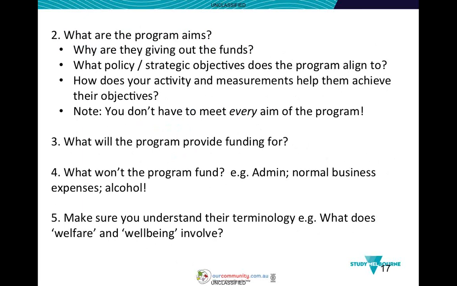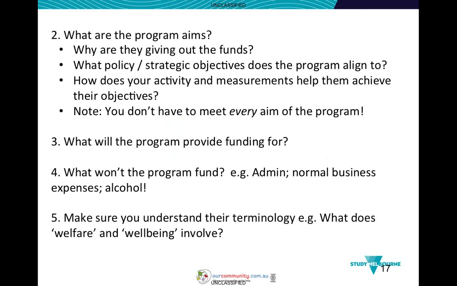The other thing, of course, that we need to ask for is what will the program provide funding for? So funders generally give you examples of the sorts of activities that they are looking to fund, and they'll also specifically tell you what the program won't fund. So for example, in the program guidelines, administration, normal business expenses, and alcohol for that wonderful welcome dinner that we wanted to have in our activity plan are ineligible for funding.